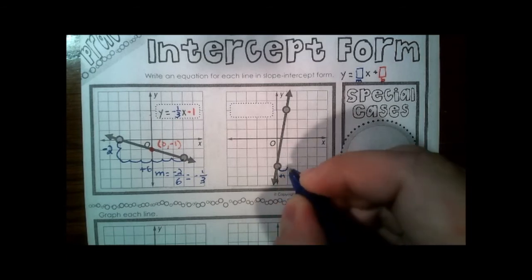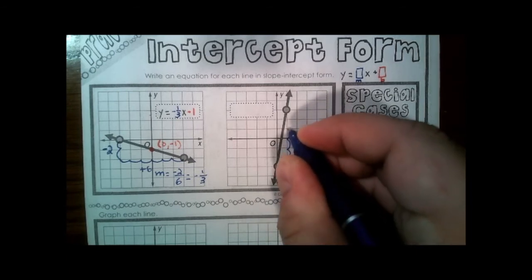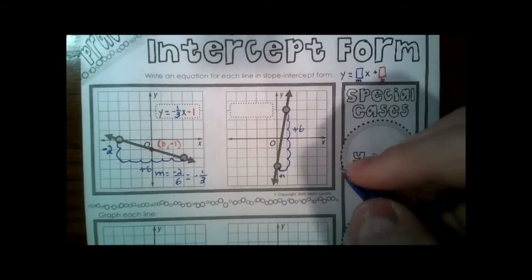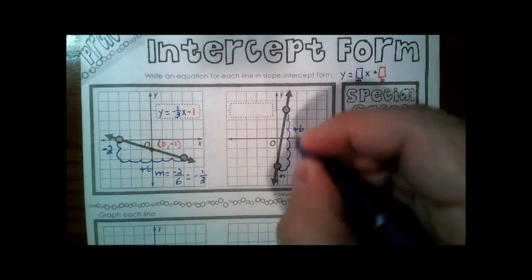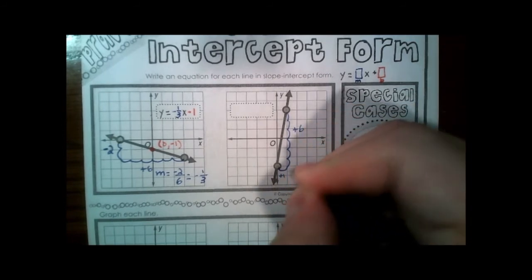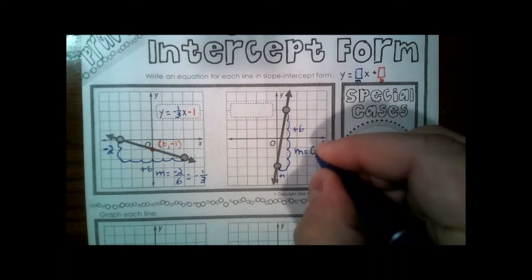It's +1. And my rise, 2, 3, 4, 5, 6. +6. So my slope for this one is going to be 6 over 1. Remember, it's still rise over run, even though I found this number first. So m is 6 over 1, which is just 6.